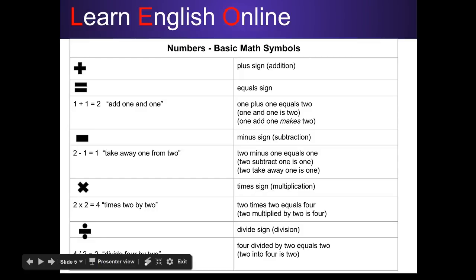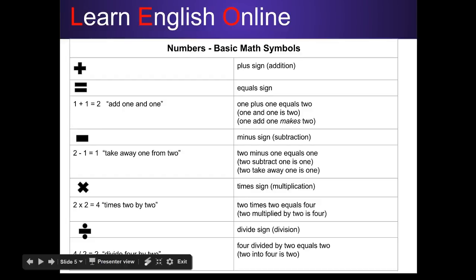Okay, and if you were to say the sum, you would say 1 plus 1 equals 2. You can also say 1 and 1 is 2, 1 add 1 makes 2. Makes is a bit unusual, but people do say it. Is more normal than equals. Mathematics teachers might say equals.